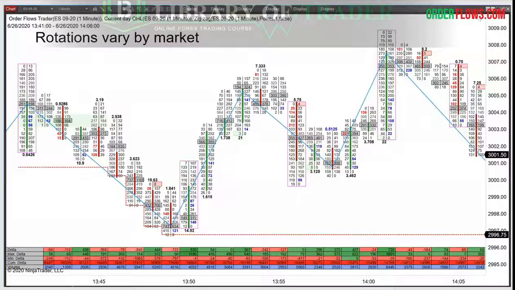And every market has a different rotational aspect to it, as well as different chart types. So you can't look at a 1-minute chart type and trade the rotation the same as you would a 5-minute chart type, just as you wouldn't trade a 4-range chart rotation the same as an 8-range chart rotation.